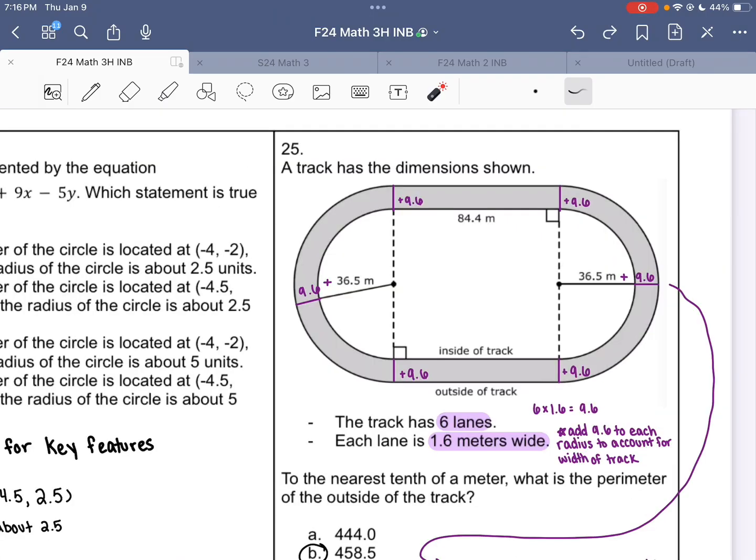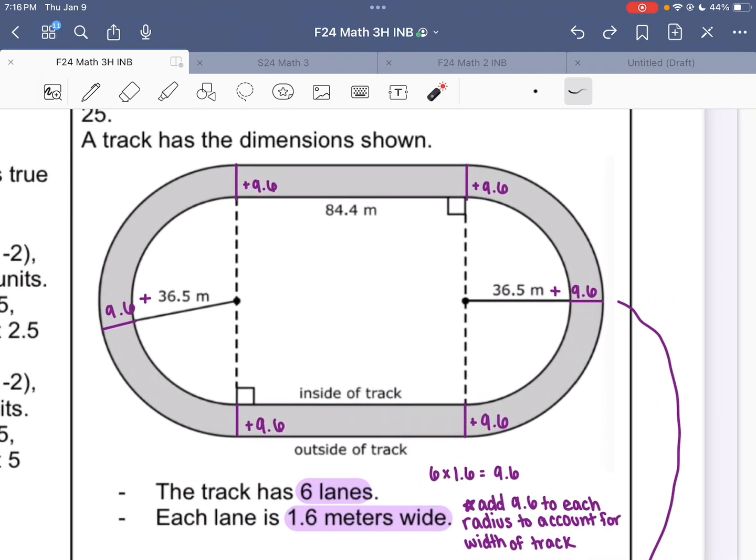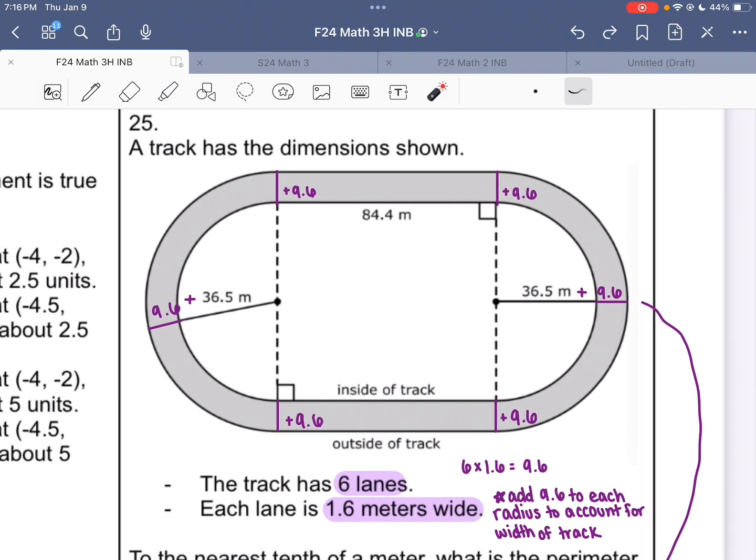Number 25 isn't as complex as it seems. So it says that this is a track, and the track has 6 lanes that are 1.6 meters wide apiece. Everything else is already measured in meters, so we don't have to do any kind of unit conversion, which is a pain in the tail.